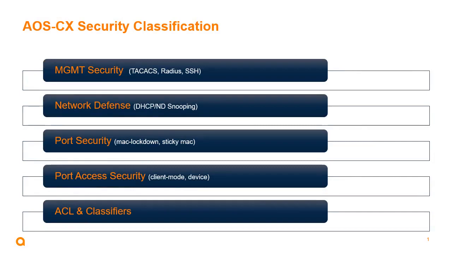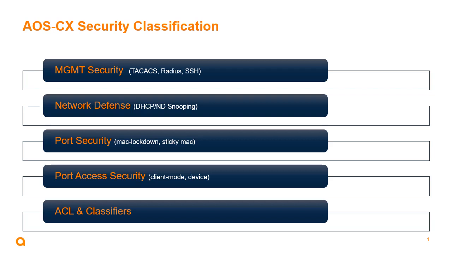Broadly, they have been classified into 5 types, as you see on the screen. One, management security features like TACACS and RADIUS to access the AOS-CX switches. These features are very important and they are supported on all AOS-CX switches. Network defense security features like DHCP and ND snooping. These features are so important on your access layer.